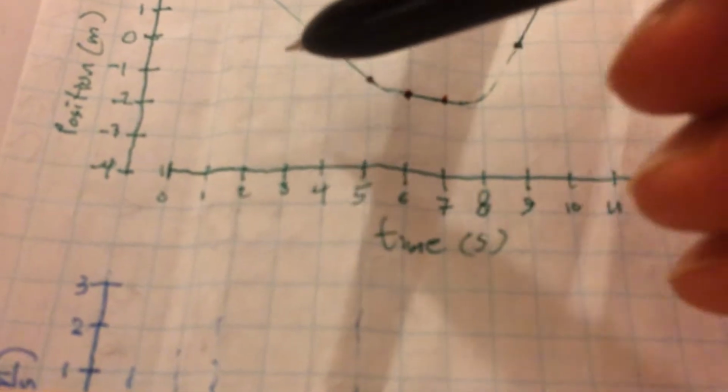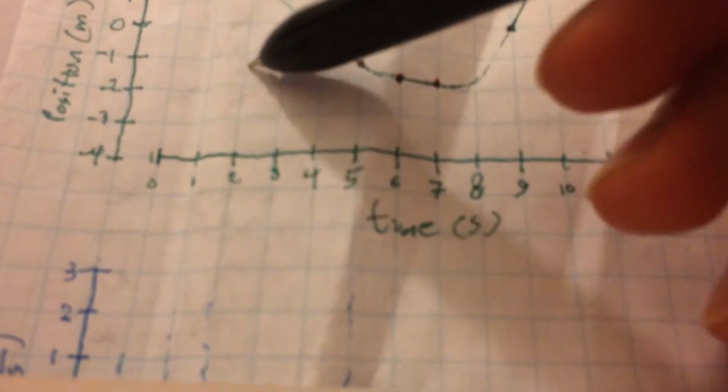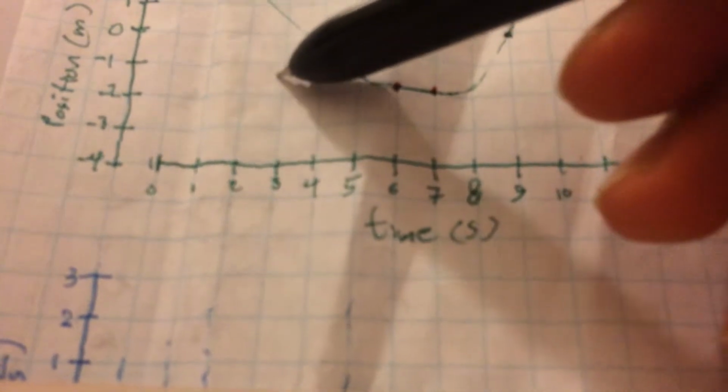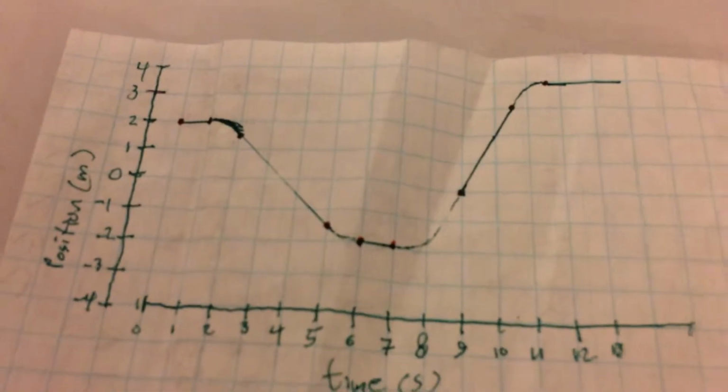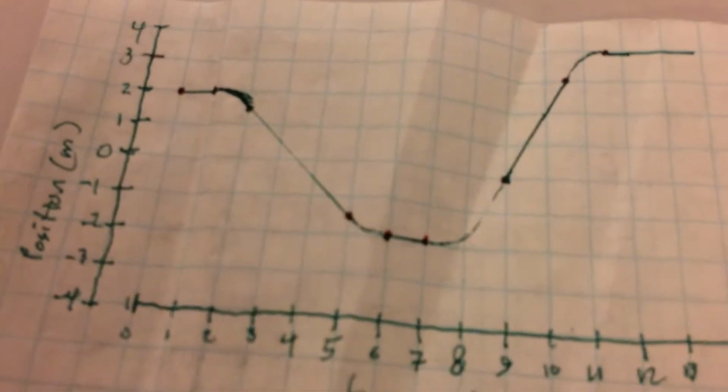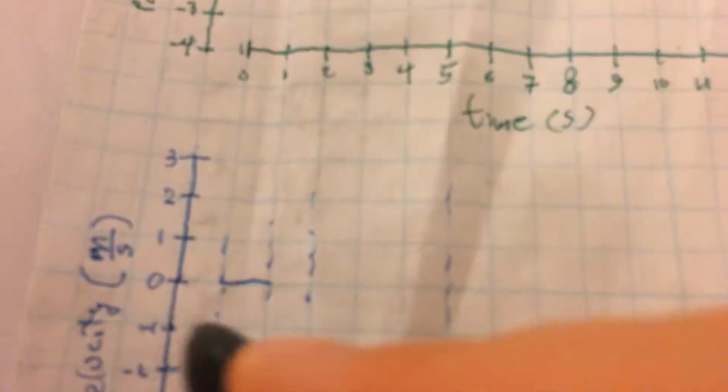So a rise of negative 3 over 1, 2, 3 seconds. Negative 3 meters divided by 3 seconds is going to be a velocity of negative 1 meters per second. So that's going to go right here.